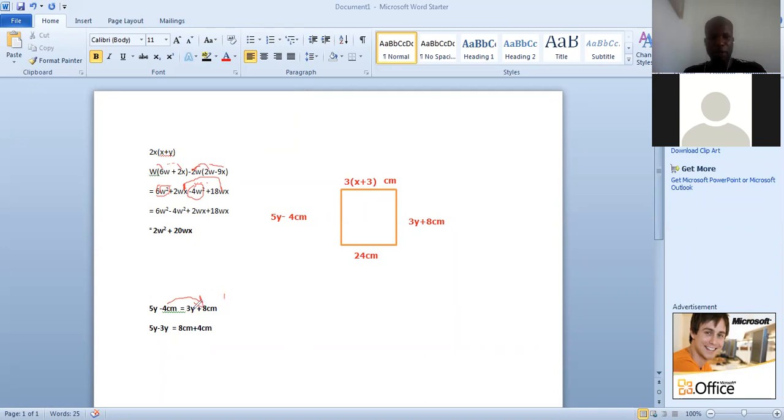When this 3y is positive, when it gets to this side, it's now a negative. I said that every number which doesn't have a sign, it means it is positive. So 8, we have written it as 8 without a positive sign because it's positive. So we are done with that one. Right. Now, given this 5y minus 3y, the answer is what? It's 2y.